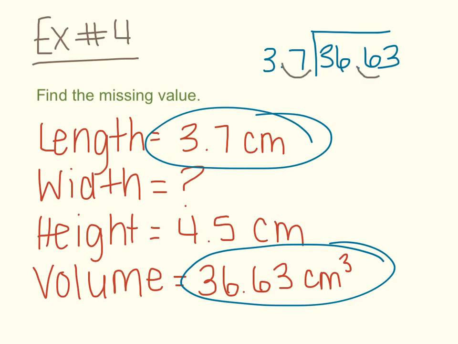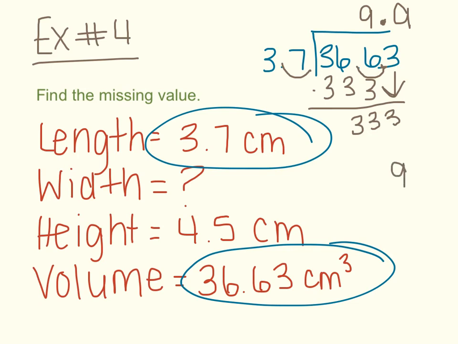That means you have to move it over one place in your dividend, and you bring that straight up, and then you just start dividing. 37 goes into 366 9 times, which is 333. And of course it goes into 333 9 times as well. So we have 9 9/10.